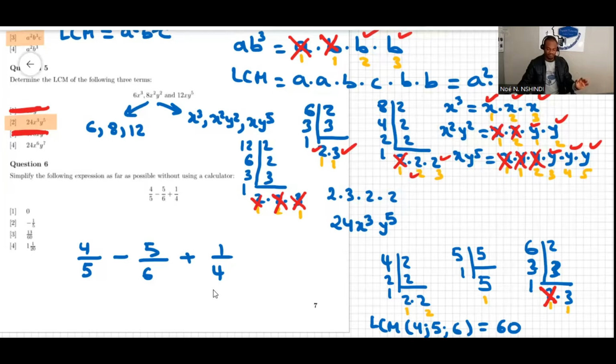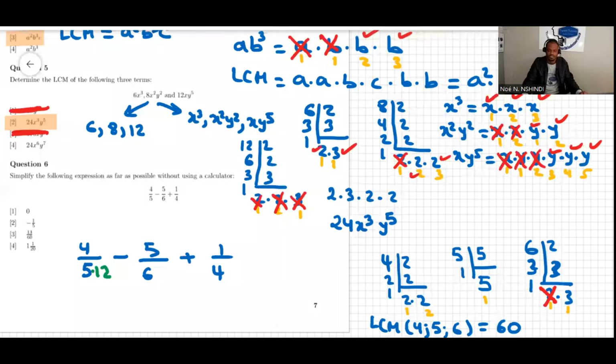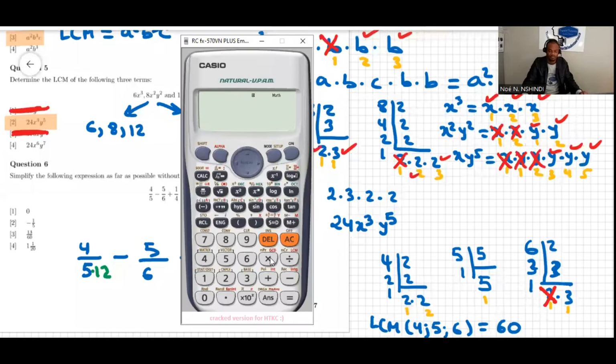If I have 5, I must times 5 by a certain number to make 60, or times 5 by 12, because 5 times 12 is equal to 60. If you're unsure, you can check in the calculator. 5 times 12 is equal to 60. So you times by 12.